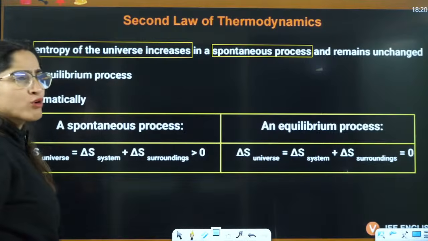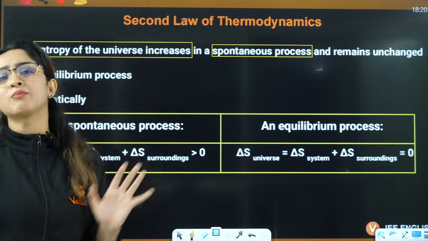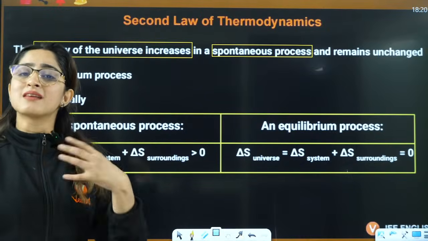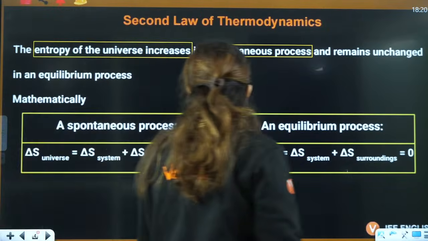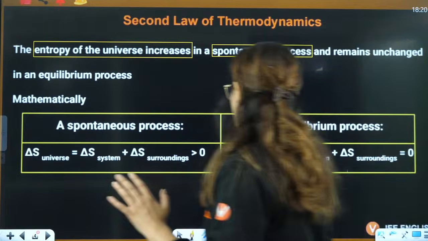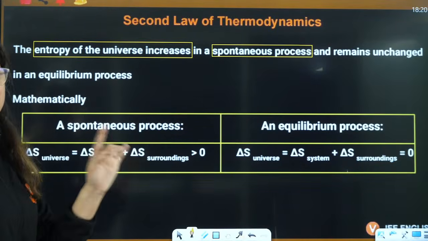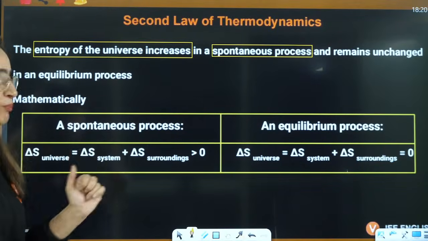If you talk about a spontaneous process that is occurring by itself, the naturally occurring processes, in those cases entropy of the universe is increasing, and it remains unchanged in an equilibrium process. That means entropy will not change in the equilibrium system.